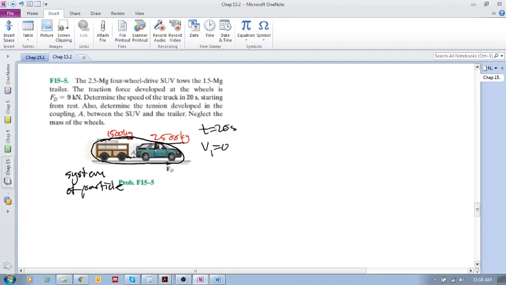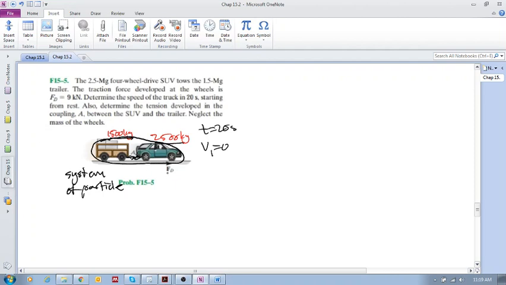So these forces in here, the force that the truck is pulling the trailer with, and the force that the trailer is resisting the truck with, these are equal and opposite internal forces. And because we've defined our system like that, these internal forces cancel out, which means internal impulses cancel out.